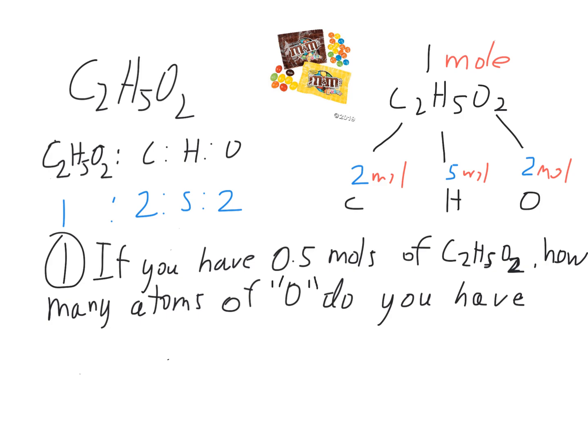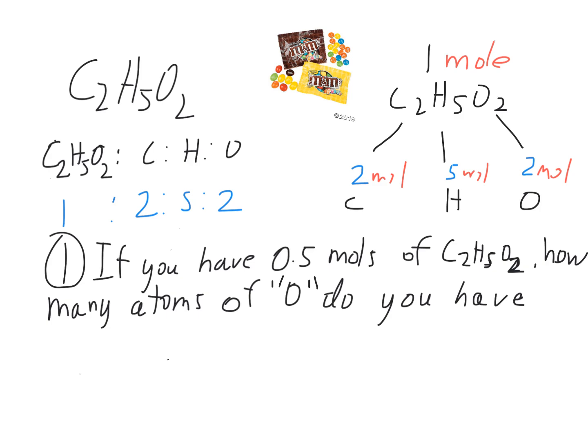Every family pack has individual packs of M&Ms, but then the individual packs of M&Ms also have individual M&Ms. In the same way, a mole of the compound will have certain moles of oxygen, but if you look a bit deeper, that mole or two of oxygen will have individual oxygen atoms. So you've got to go a layer further. And that's what this question's asking you to do.